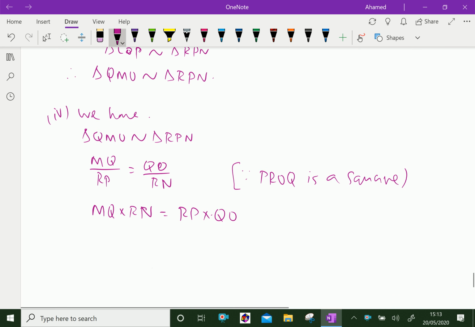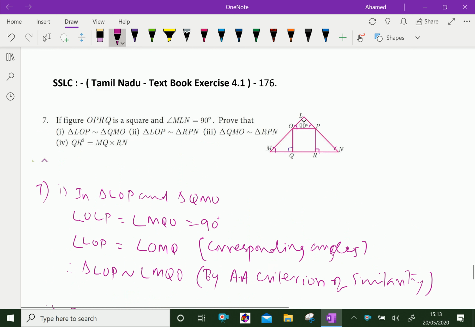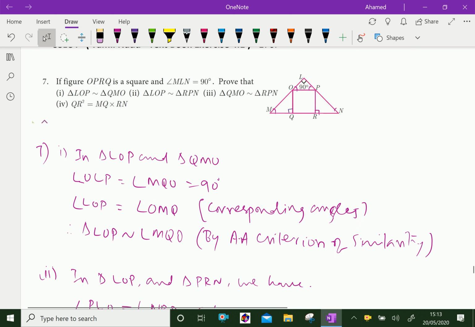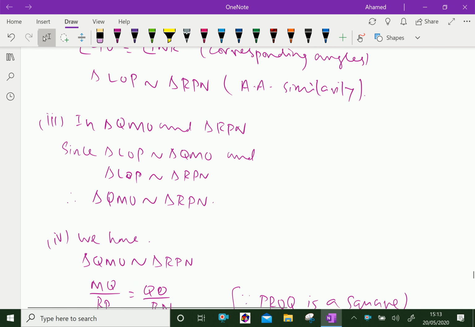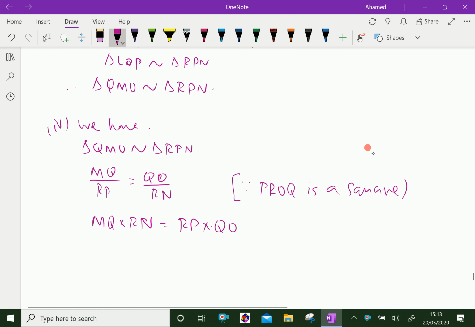Here RP, QR and OP are equal because they are sides of the square. Therefore, QR squared equals MQ into RN.